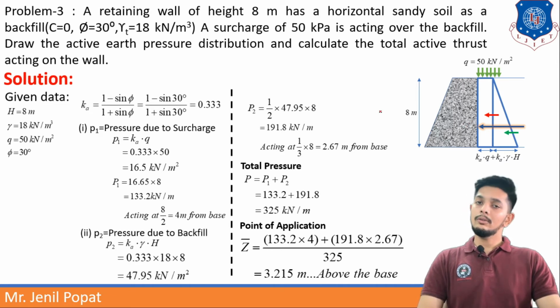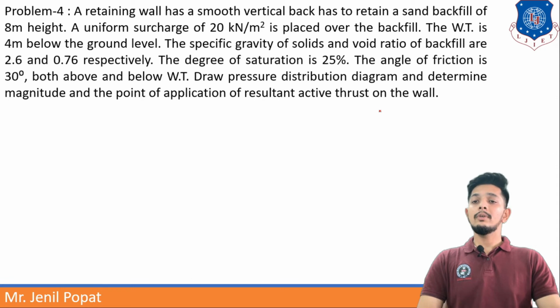Let us move to the next problem, which is: a retaining wall has a smooth vertical back which has to retain a sand backfill. So we are discussing cohesionless soil. Having height 8 meter, a uniform surcharge of 20 kilonewton per meter square is placed over the backfill. The water table is 4 meter below the ground level, so the water level is halfway.